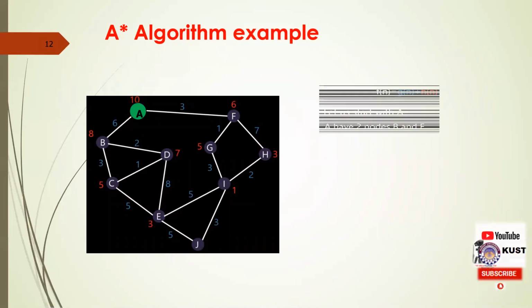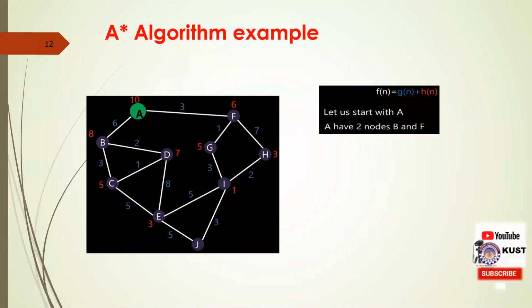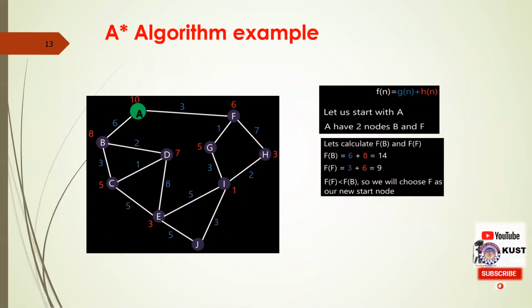So starting from A, it will explore two nodes, which are B and F. The evaluation functions of B and F are 14 and 9. So the evaluation function of F is less than B, and A star will choose F as our new starting node.